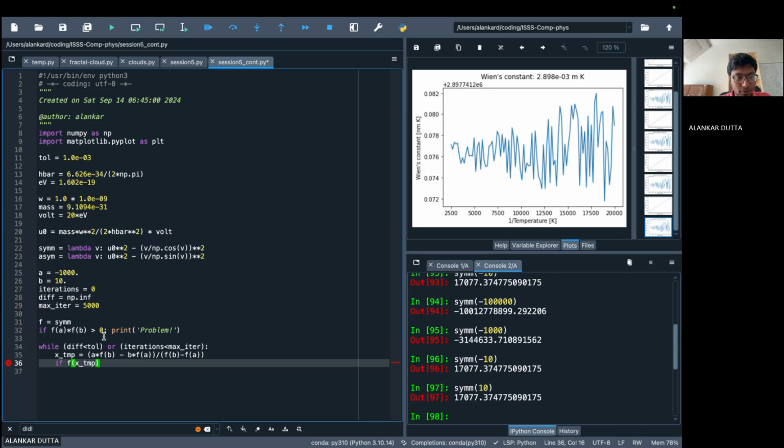So xtmp is this, and now let's calculate the difference.